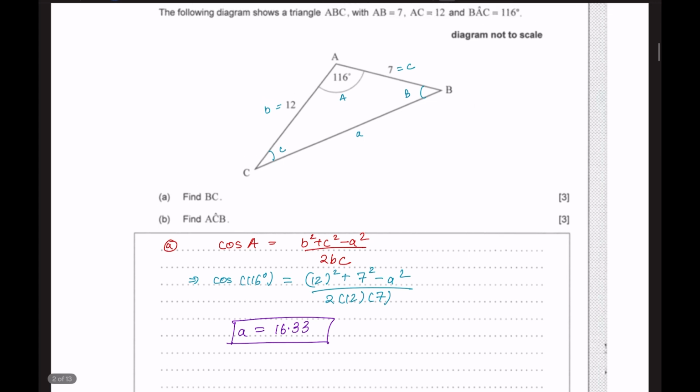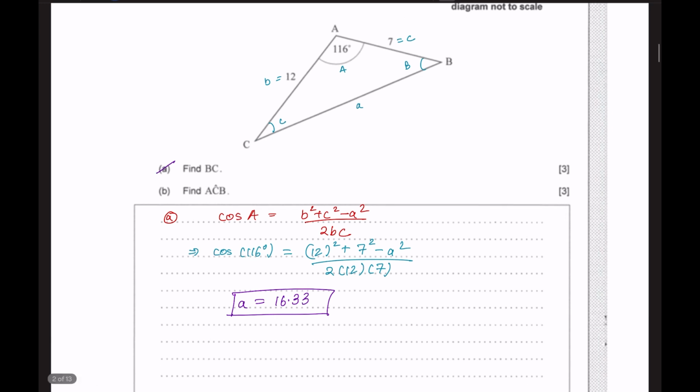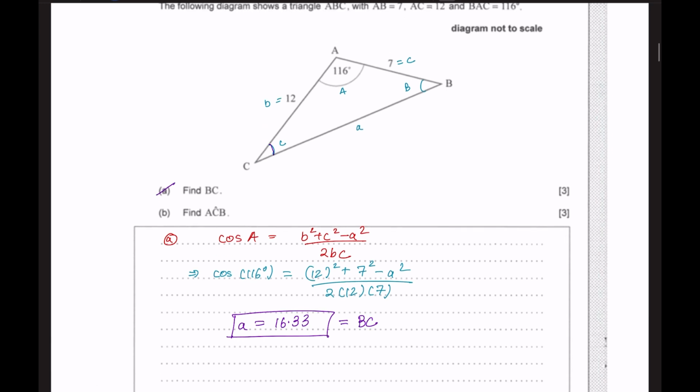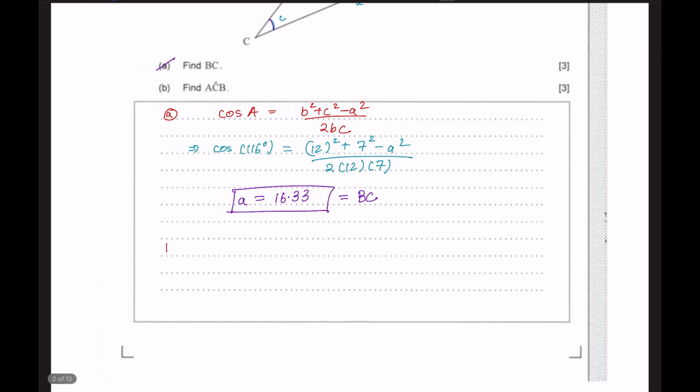to the first part. Now part B, we have to find angle ACB. And this a is equal to side BC. Now ACB is this angle C, right? Now we know side a and angle A, so we can use the sine formula here in this case. So sine C over small c will be sine A over small a. So sine C over 7 will be sine 116 degrees divided by 16.33.